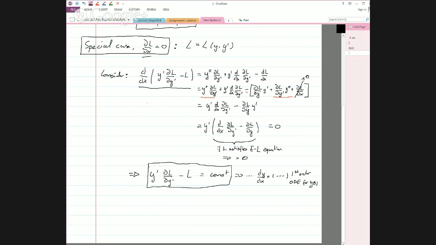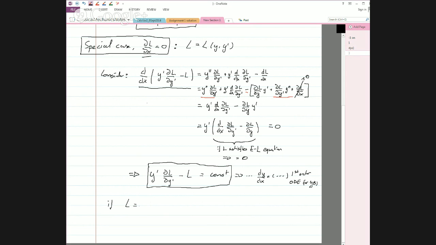So this result here is derived in the next section when L depends on multiple functions. And I'm not going to do it here in the class so I can finish this chapter.